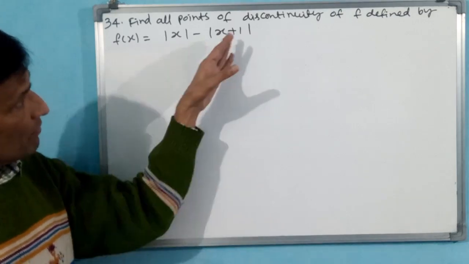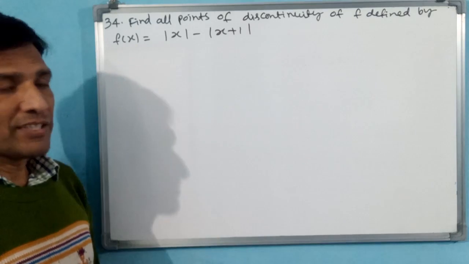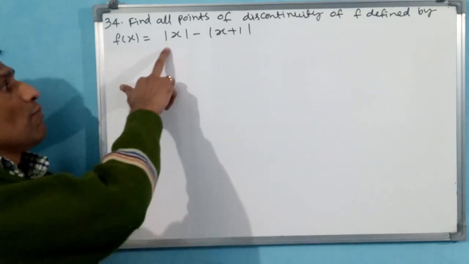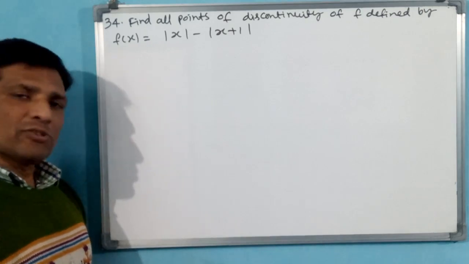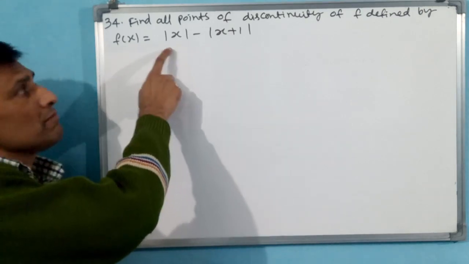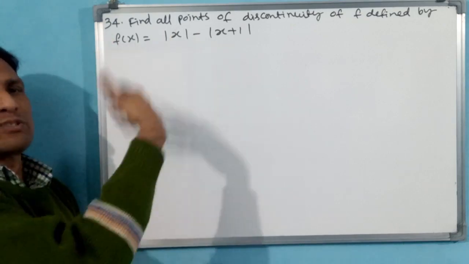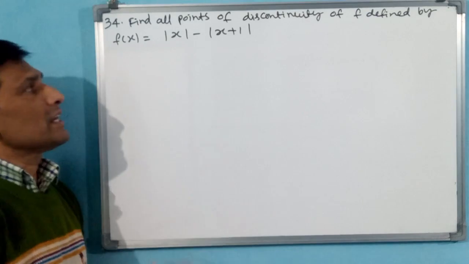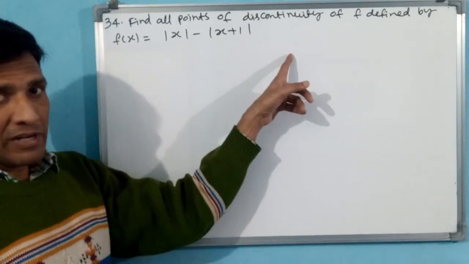Because he wants to misguide us. Modulus x is continuous. Likewise, modulus x plus 1 also is continuous only. If you give x as 0, 0 will come; minus 1, 1 will come; 1, 1 will come; minus 2, 2 will come.